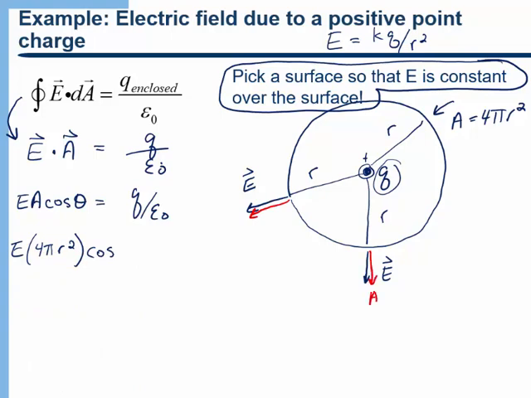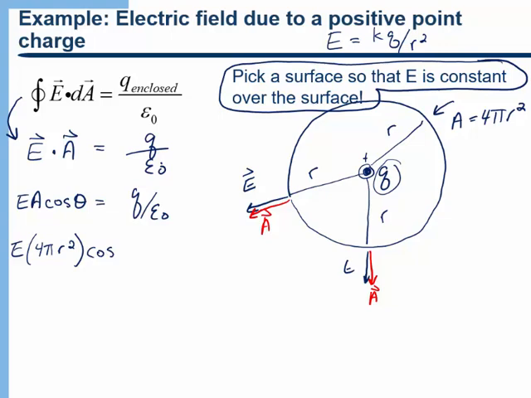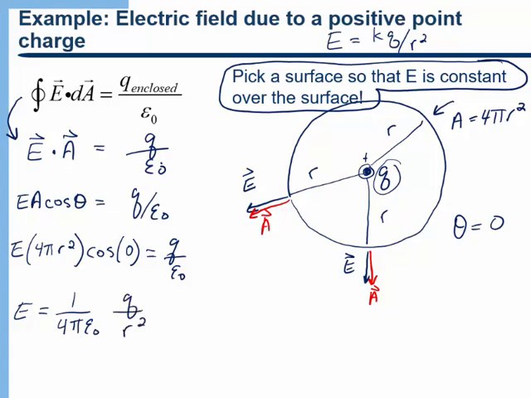So that's A. And therefore, I can see that the angle between E and A is 0. So theta is 0 degrees. So E A cosine of 0 equals q over epsilon naught, or E is equal to 1 over 4 pi epsilon naught q over r squared.